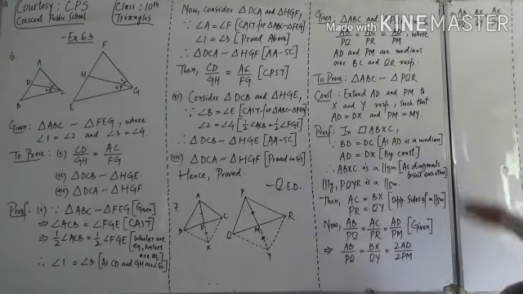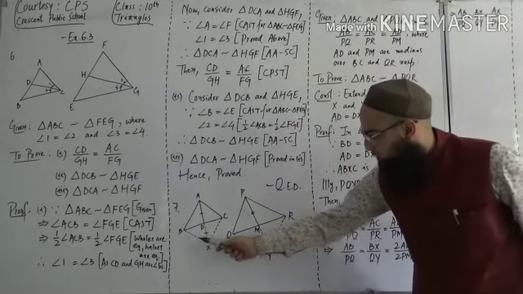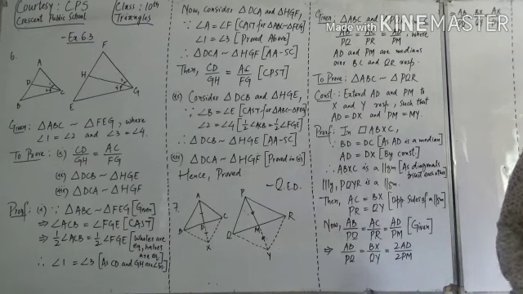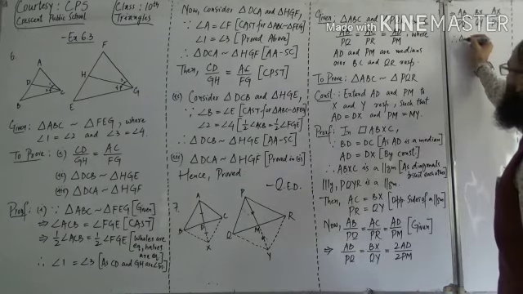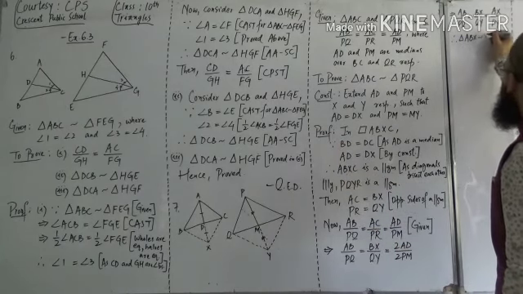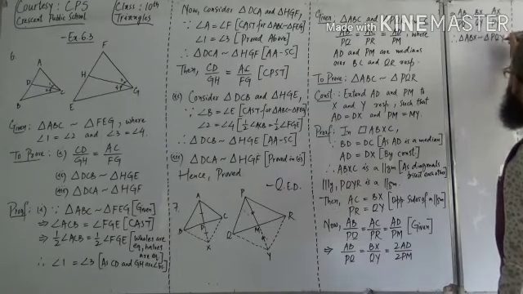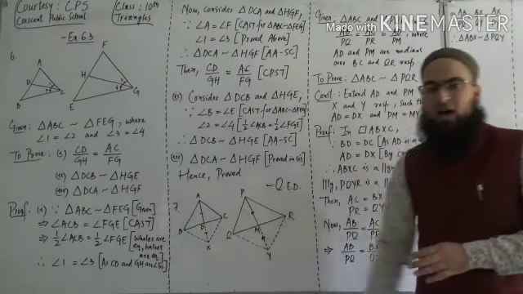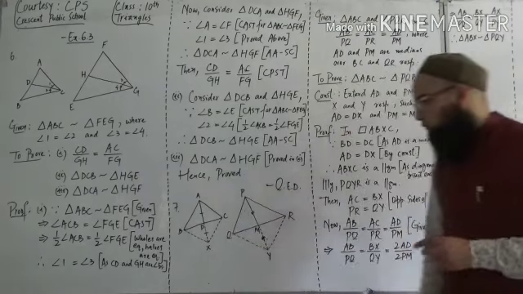Now what you got from that? Therefore triangle ABX is similar to triangle PQY. Why? Because all three sides of triangle ABX are in proportion with all three sides of PQY.